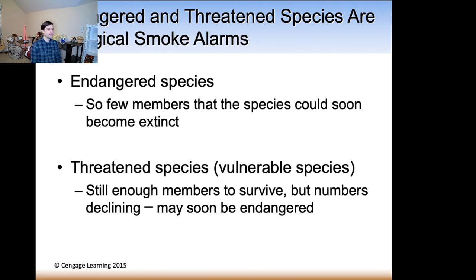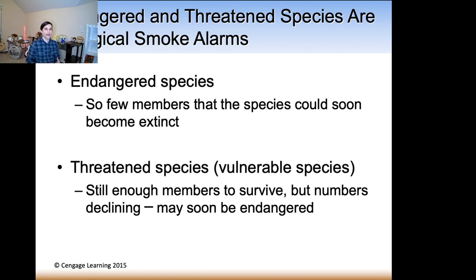And then you have a threatened species, and that's another term that gets thrown around a lot. Or vulnerable species is another term that's tossed around. There are still enough of these guys that they're able to maintain their populations in the wild at the current moment, but their numbers are not as stable or as high as they used to be. And in most cases, the numbers are declining. So things like caribou, reindeer, in the wild, their numbers are declining. Things like polar bears.